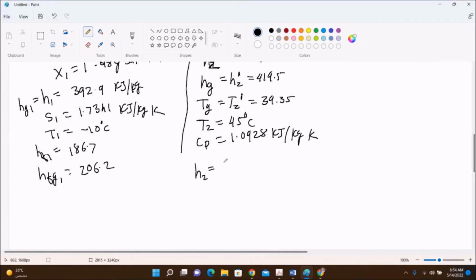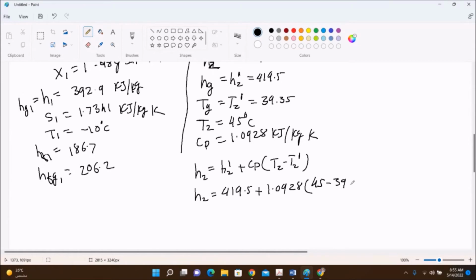H2 is equal to H2 dash plus Cp times T2 minus T2 dash. So H2 is equal to 419.5 plus Cp, 1.0928, into 45 minus 39.55.